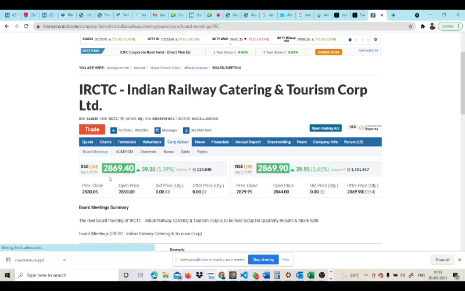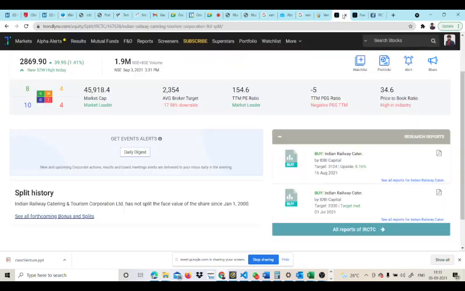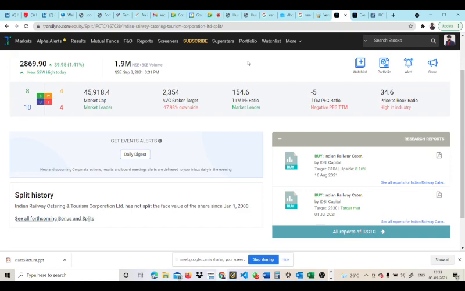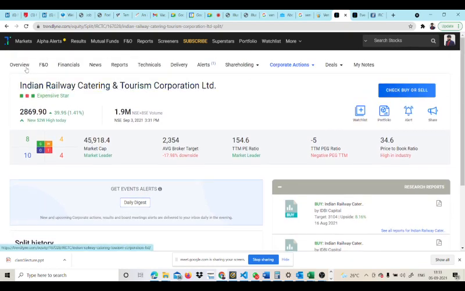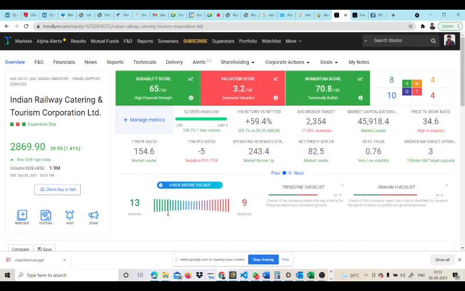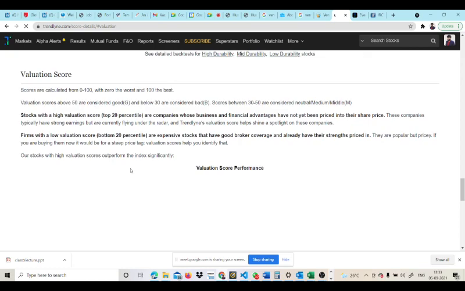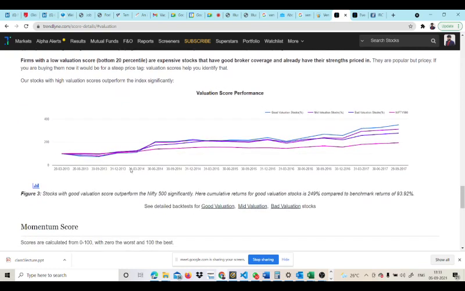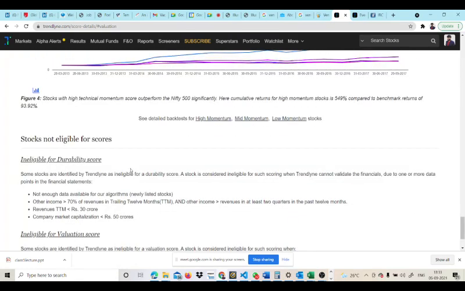Retail investors can't afford 3000 per stock. And even you can see here also, this particular stock has become more expensive in terms of valuation. Expensive means we can't afford it. The value of the stock is very high, which is not affordable.